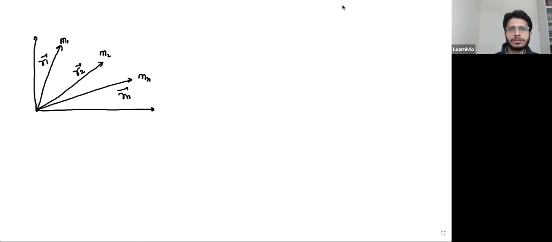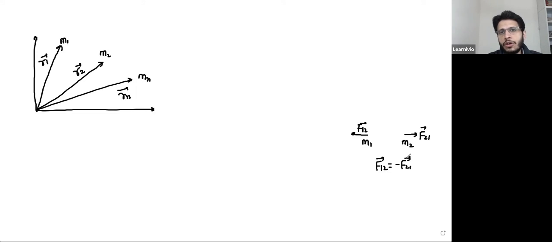Do you remember Newton's third law? Action and reaction. Let's say I have two masses. M1 will exert a force F21 on M2. M2 will exert a force F12 on M1. So this F12 is minus of F21. Both the forces are equal and opposite.